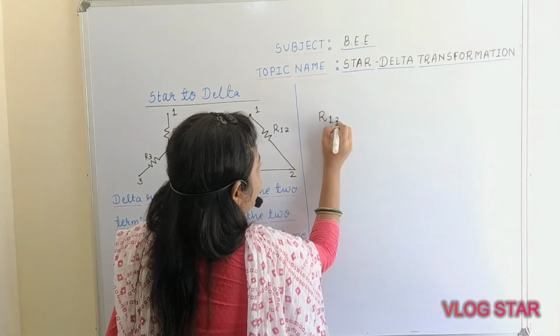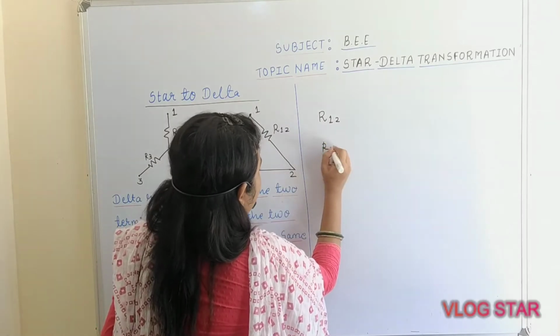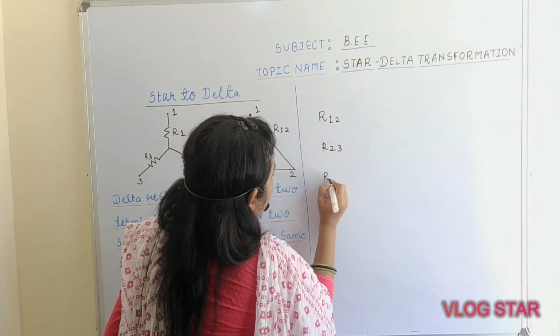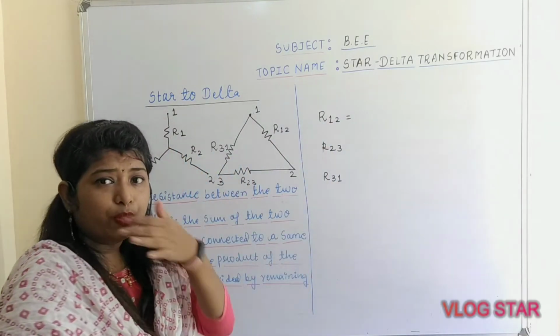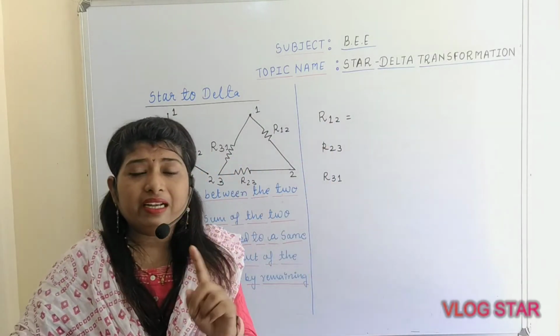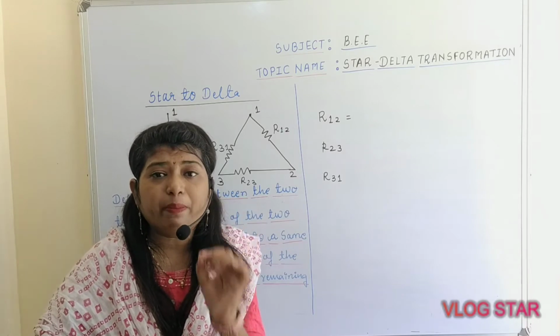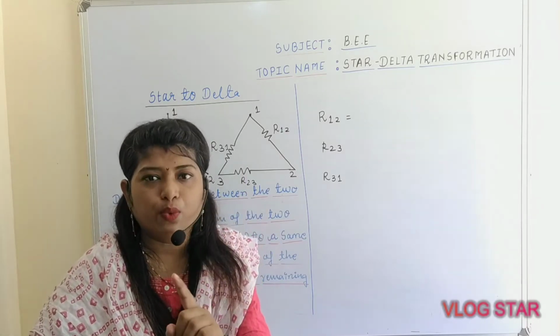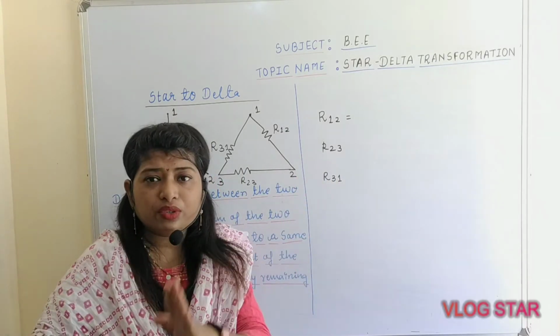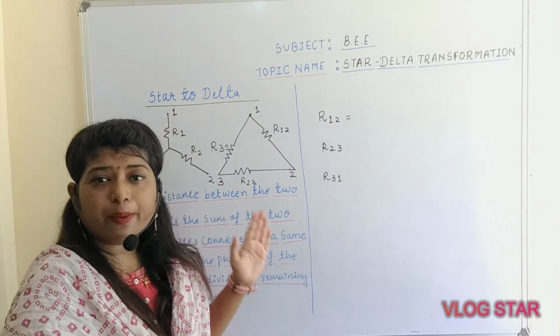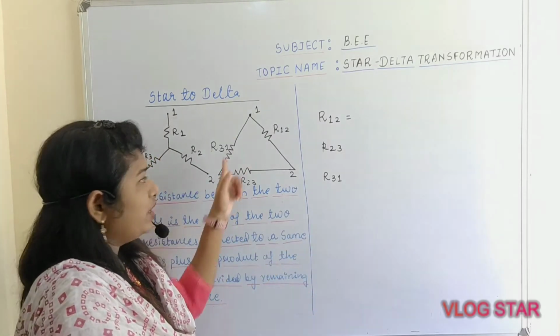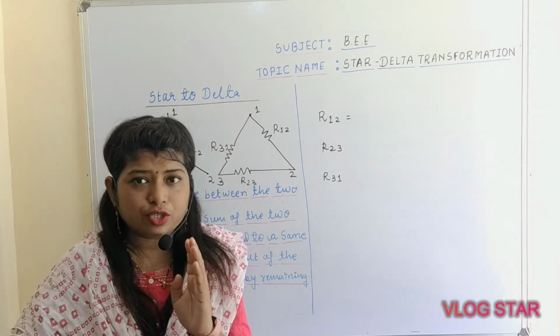First one is R1,2, second is R2,3 and the third one is R3,1. What is basically R1,2? R1,2 is the delta resistance connected between terminals 1 and 2. R2,3 is the delta resistance connected between terminals 2 and 3, and so on. I hope you have understood this.